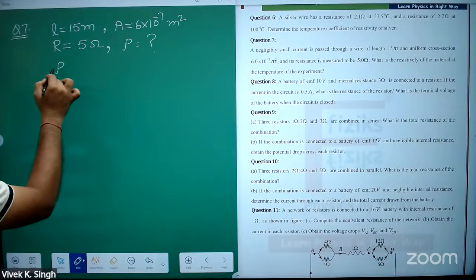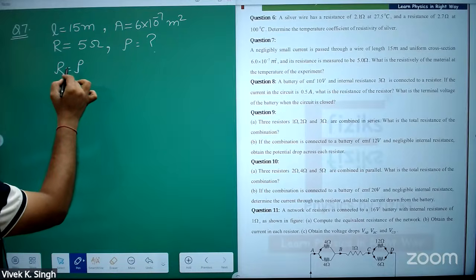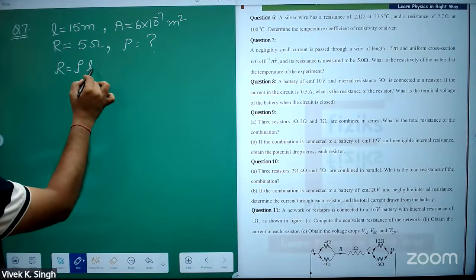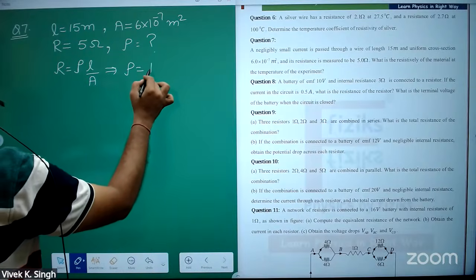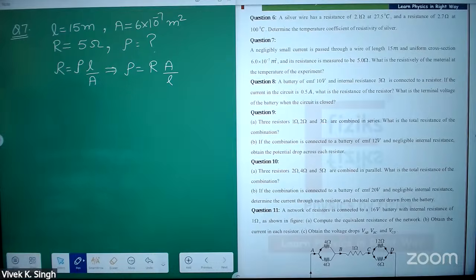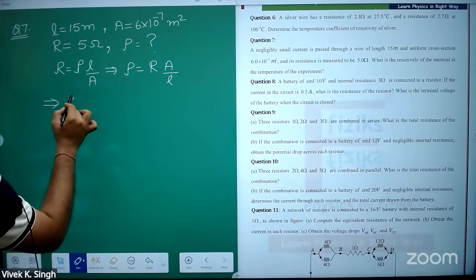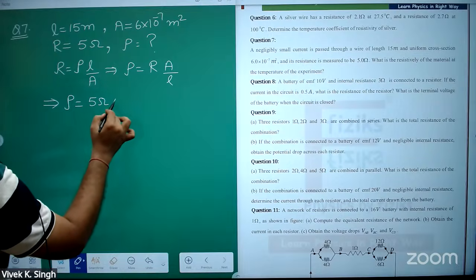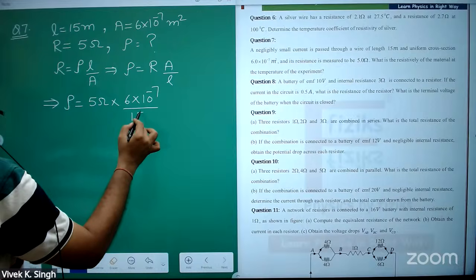Simple question. R is equal to rho L by A, so rho is equal to RA by L. Let's calculate this value. Rho is given by 5 ohms, 6 into 10 to power minus 7, length is 15.